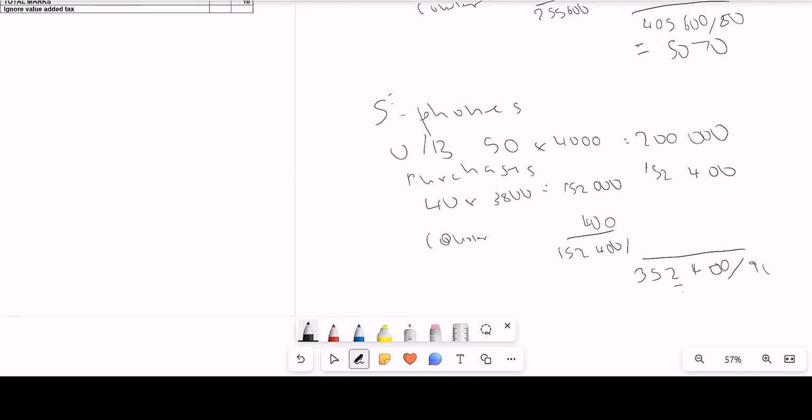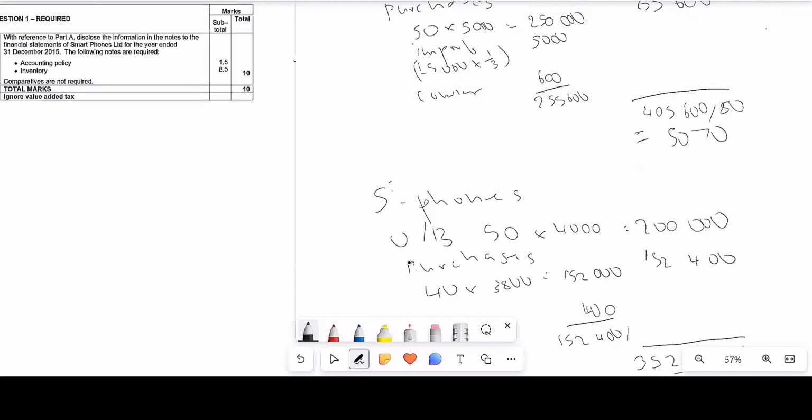I think it's 90 because it's 50 plus 40. Then 352,400 divided by 90 is going to be 3,916. I'm just going to round it up. So this is the total value of the S phones.